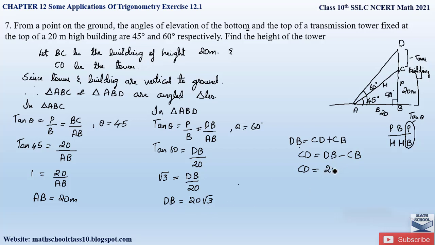It is 20 √3 minus CB, which is 20 meter. Let us take 20 common, and you are left with √3 minus 1. So CD is 20 into √3 minus 1 meter, which is the height of the tower. Therefore the height of the tower is 20 into √3 minus 1 meter.